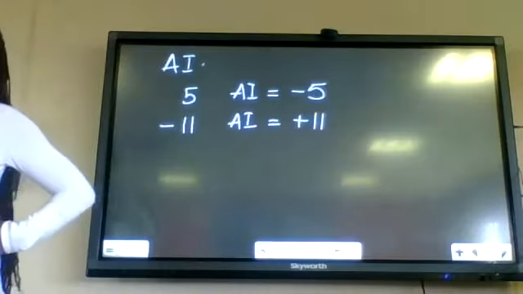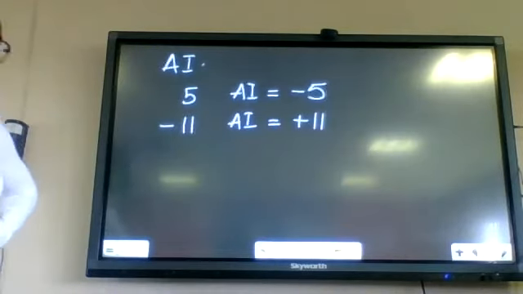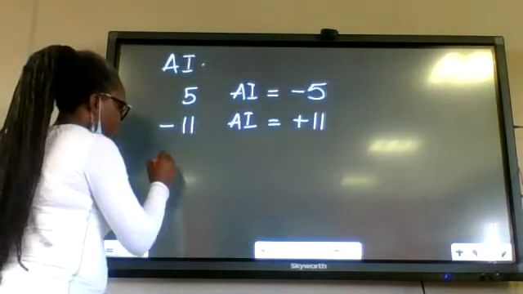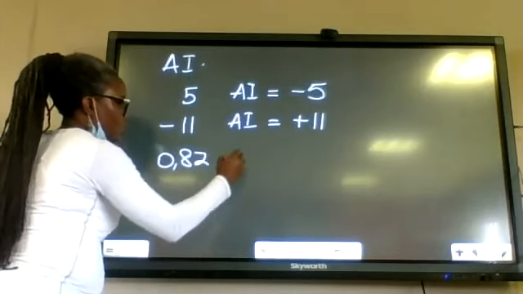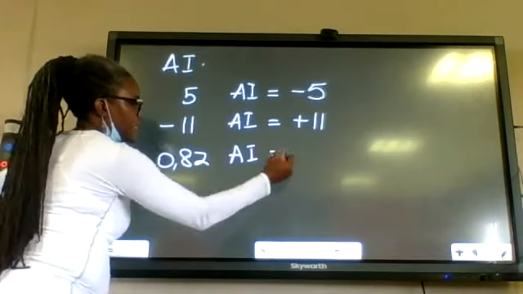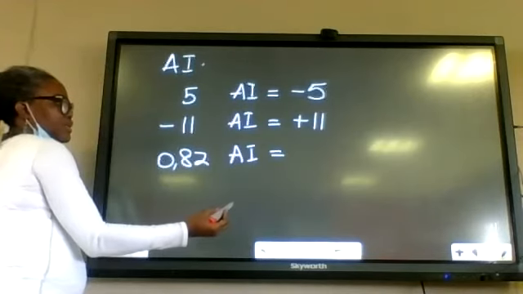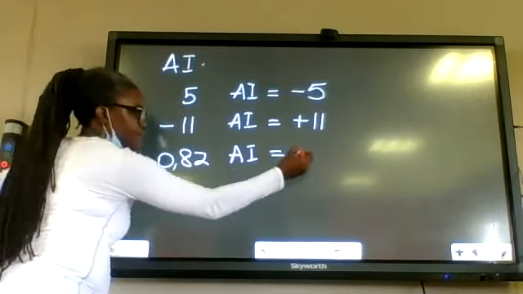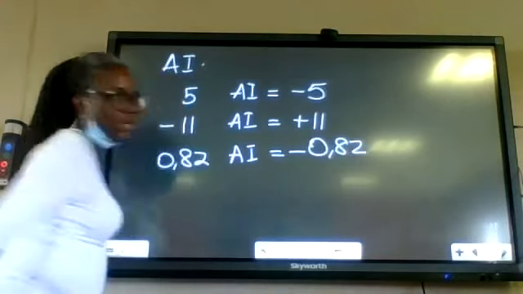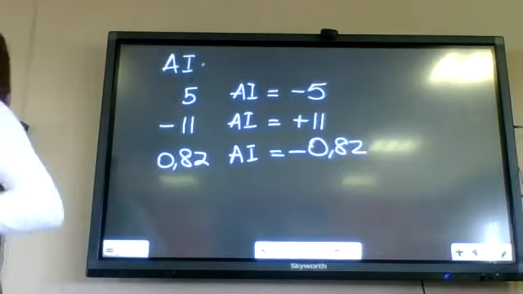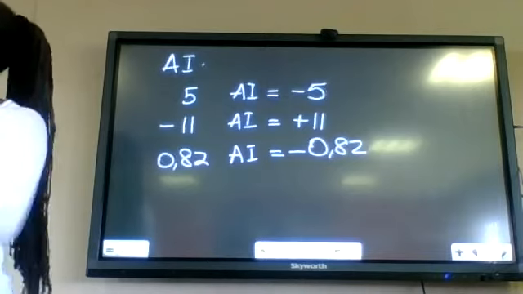Just change the sign. When I ask you what is the additive inverse of 0,82, the additive inverse is simply equal to, tell me, negative 0,82. So additive inverse is straightforward. You just change the sign.